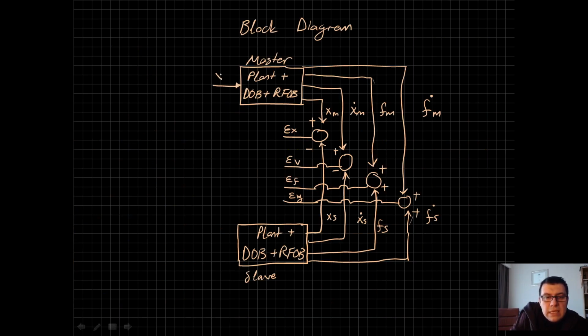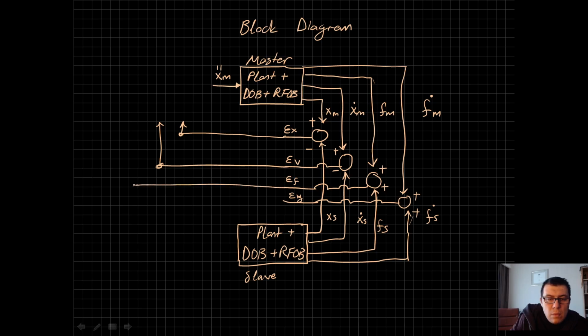That input is X master double dot, and probably, well, this way. This way, I can also highlight it that way, and this way, and the last one is this one, right?